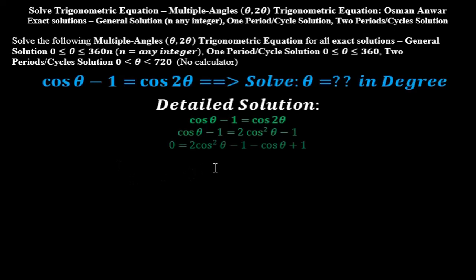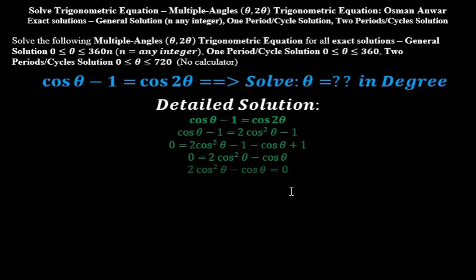So now we can move everything to the right. 0 equals 2 cosine squared theta minus 1 minus cosine theta plus 1. Now minus 1 plus 1 is 0. That means 0 equals 2 cosine squared theta minus cosine theta.